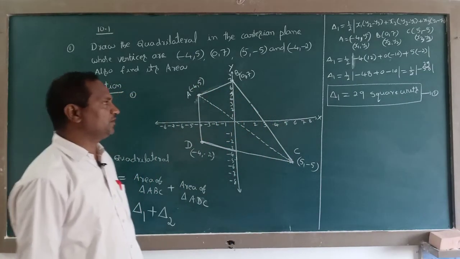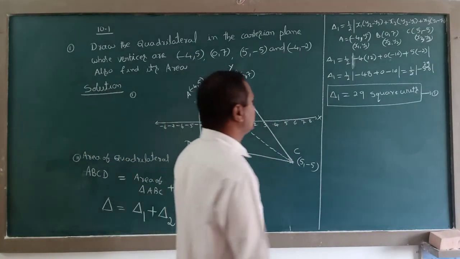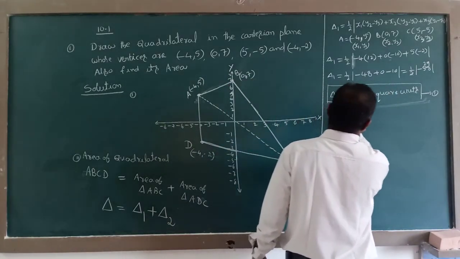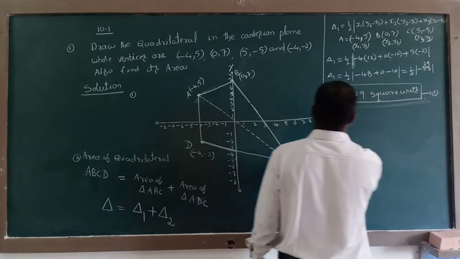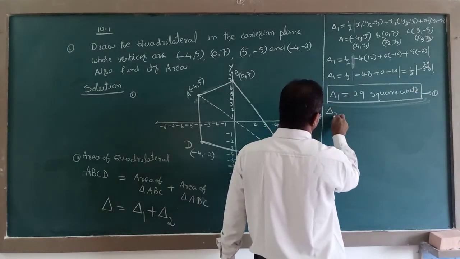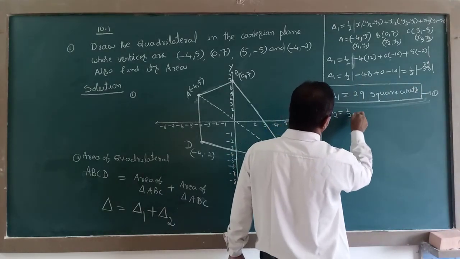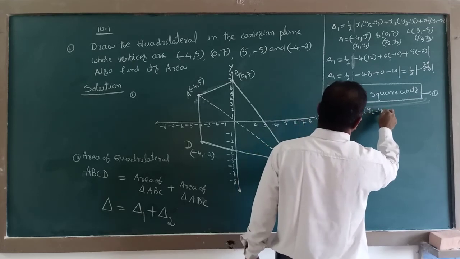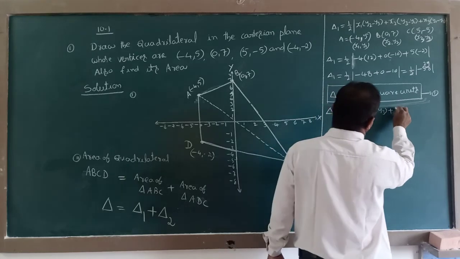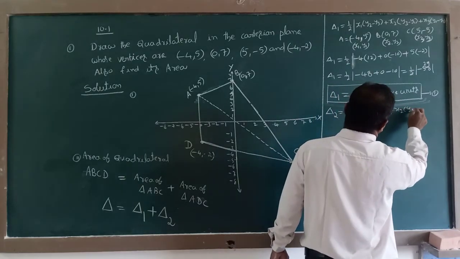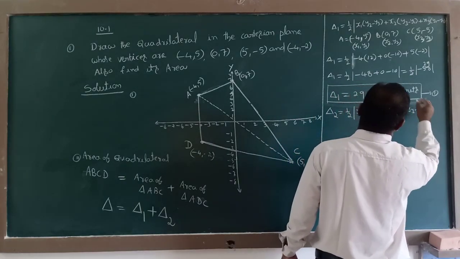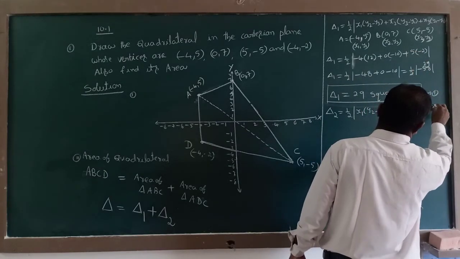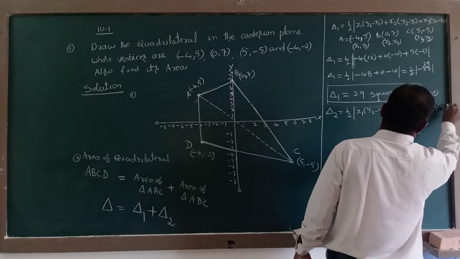Let us find the value for delta 2 also. Delta 2 is half into modulus of x1 into (y2 minus y3) plus x2 into (y3 minus y1) plus x3 into (y1 minus y2).